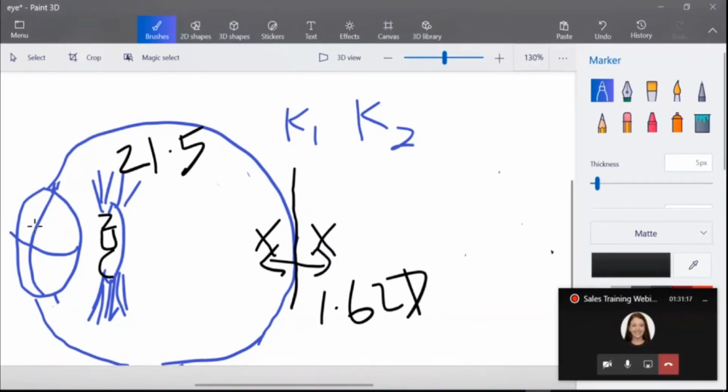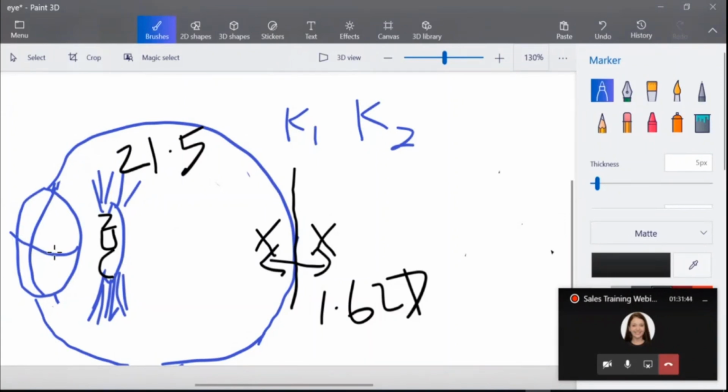On the opposite side, where the cornea power is lower, when you add that cornea power to 21.5 diopters, that is too little. So 21.5 diopters is too little for a certain power of the cornea, and too much for another power of the cornea.